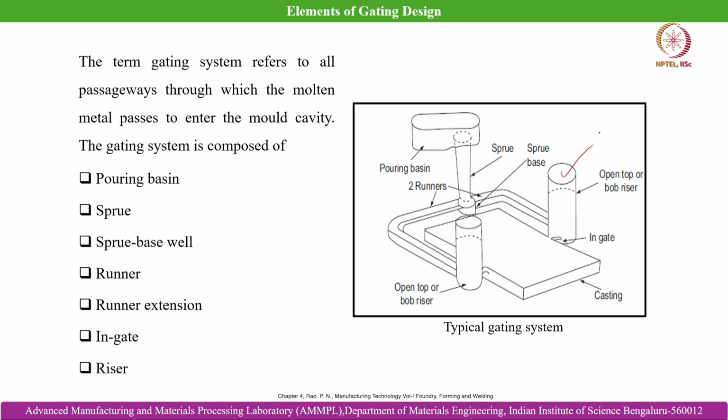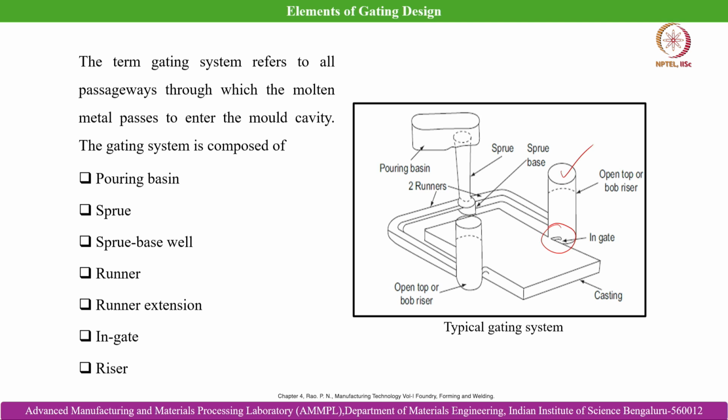They have almost the same exposure at the top of the mold cavity as the sprue itself, and often they are positioned at the same metallostatic head and exposed to the environment. These are called open or top risers, and these are the ingates from where the melt gets entry into the mold cavity.